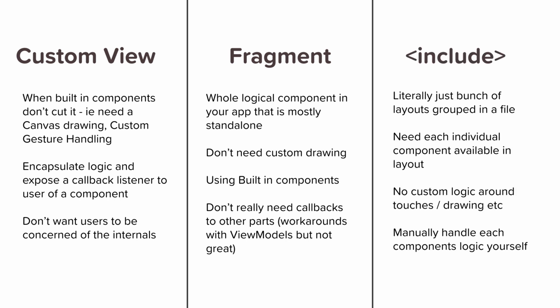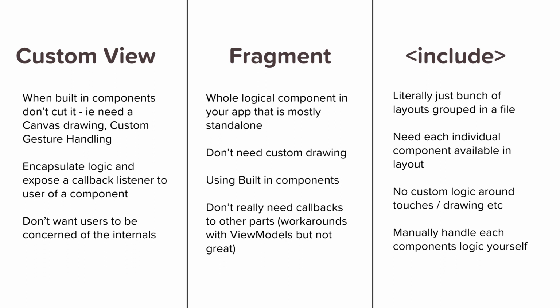And then an include tag is basically just a bunch of views that you want to include in different other layouts. It's literally just a bunch of them grouped in a file. And I use this when the other layout needs to know each individual component that's going to be put inside that layout.